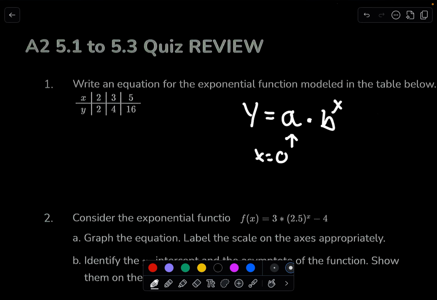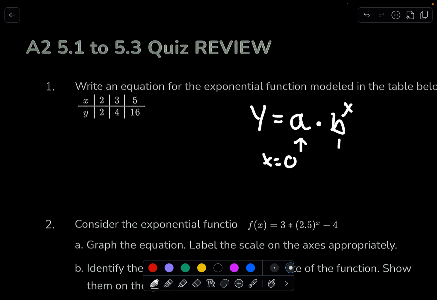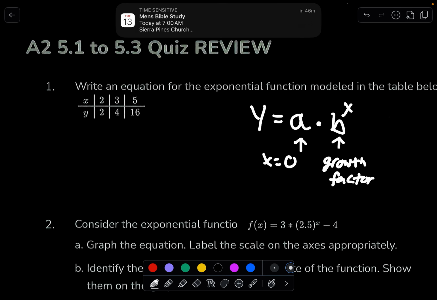Looking at our table, b is what we multiply by. B is the common ratio, or the growth factor, or decay factor if it's going down. It's the base of the exponential. So to find b, it's fairly straightforward.